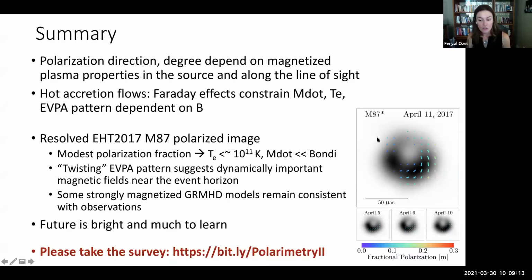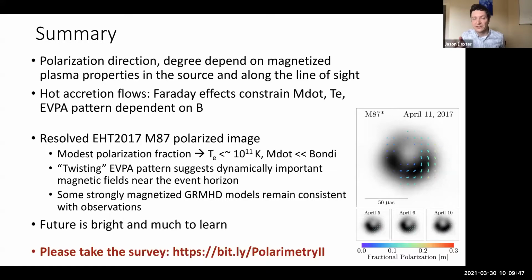Okay, one last question. In the GRMHD models, how do we handle the interaction between the electrons and the ions? Yeah, so we don't. So basically, in the GRMHD models presented today that were done for the EHT, what we are doing in calculating radiation is that we are prescribing an energy or a temperature to the electrons after the fact, and that's done in a way that a fraction of the total fluid internal energy is chosen to go into the electrons.